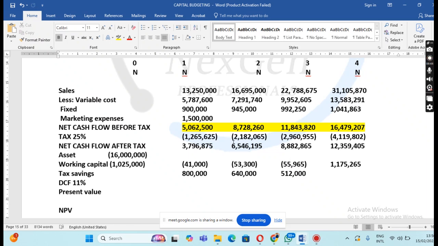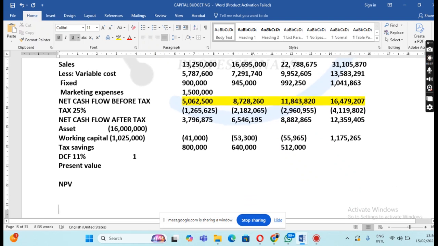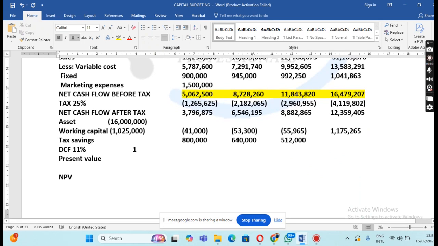So the DCF. Please, let's do the DCF. So this will be 1, which is year 0. Class, this will be 1. Some people did not know how to do this. What is the formula for calculating DCF?